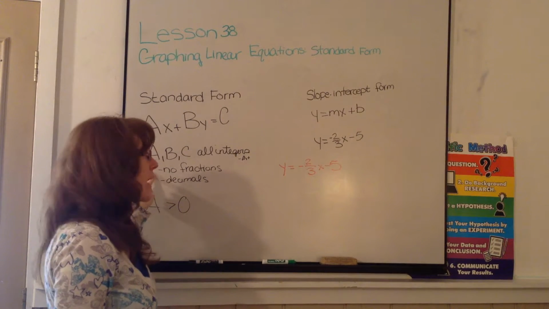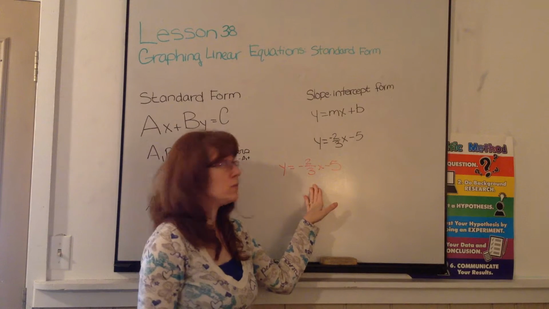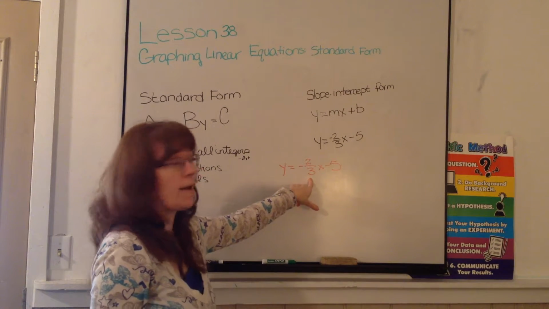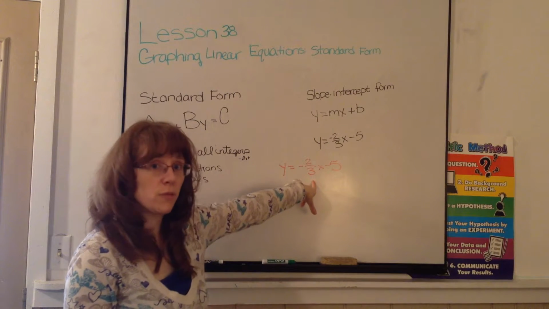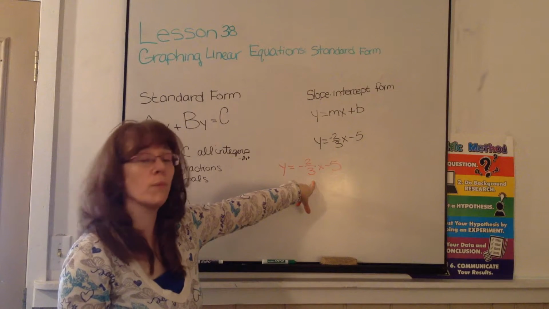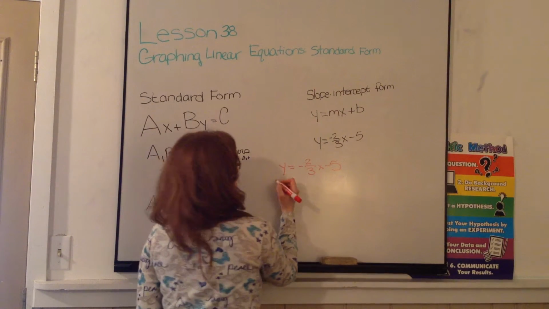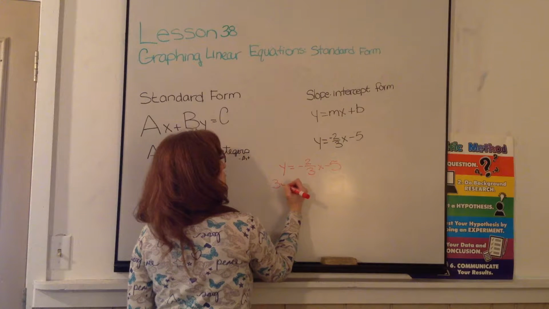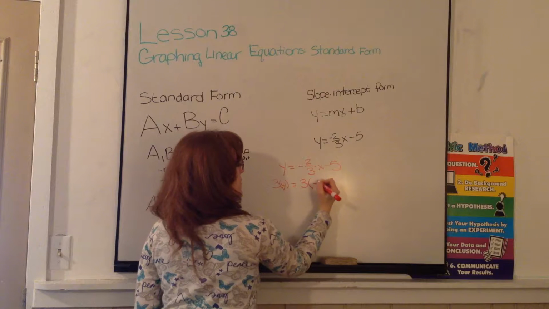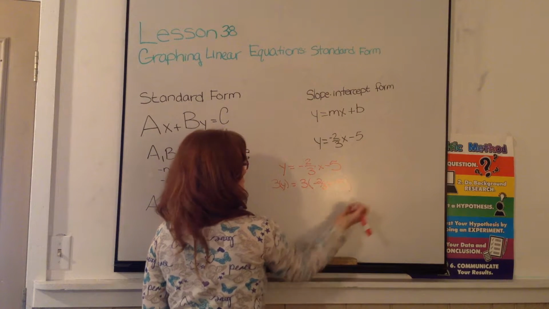So I have to figure out how I am going to get rid of the fraction. If I have negative 2/3 x, how do I get rid of that 3 in the denominator? I will multiply both sides by 3. So I will say 3 times y equals 3 times negative 2/3 x minus 5.